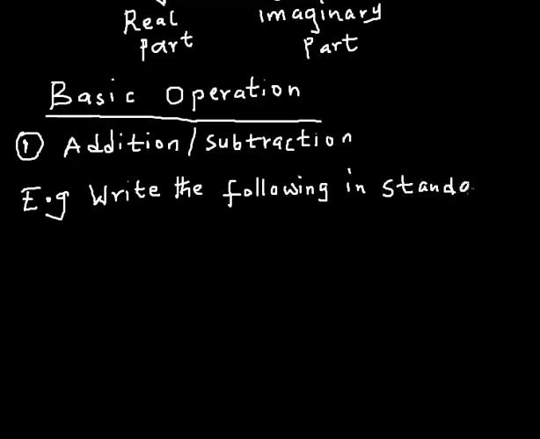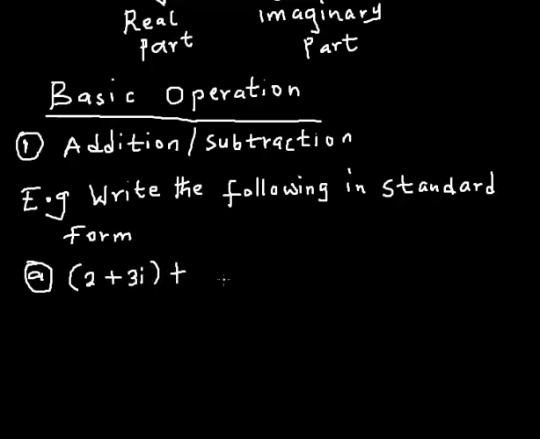The conjugate of s plus y is s minus y. And of course, if it was s minus y, the conjugate is going to be s plus y. So it is the same expression, but you change the sign that is connecting them.